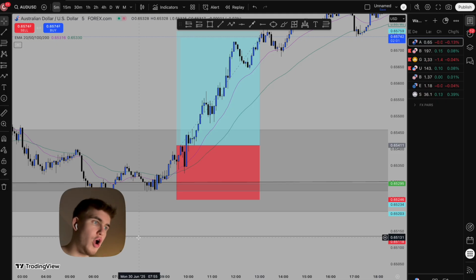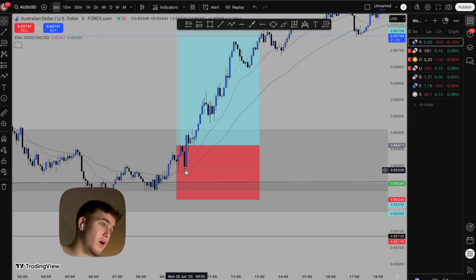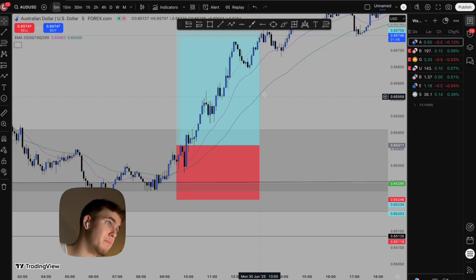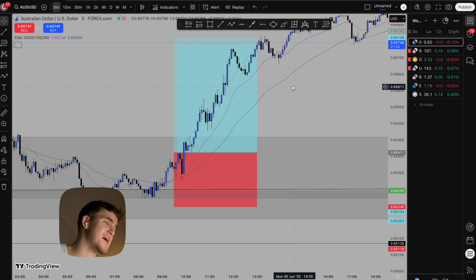You don't want to cut your losses. I remember entering about here, and then price was trading downside. I was down almost 250, but then price pumped back up after that, and it was a clean trade.